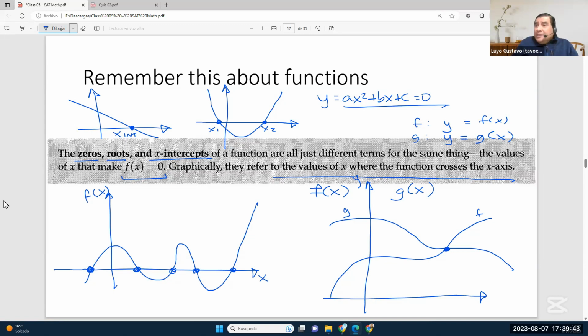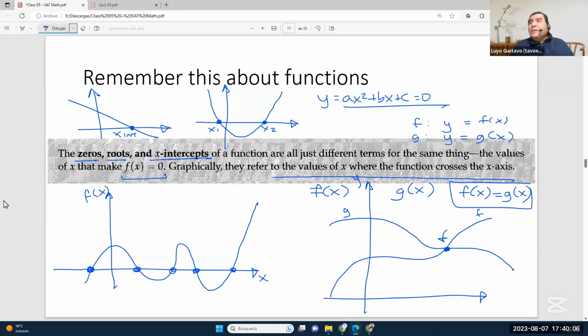So to find the coordinates of this solution, we can simply equate the two equations that define f and g. The values of x that make this true are the solution to this intercept or intersection point of the two curves.